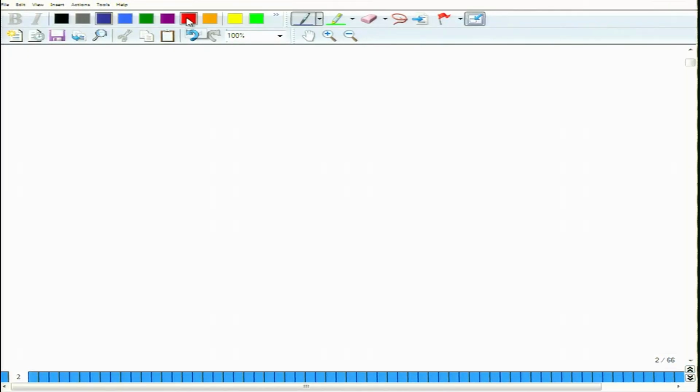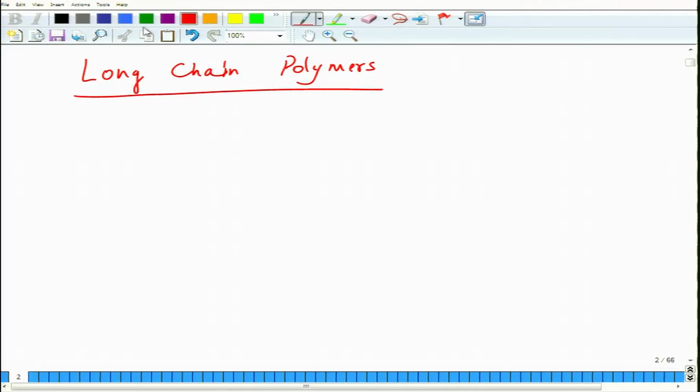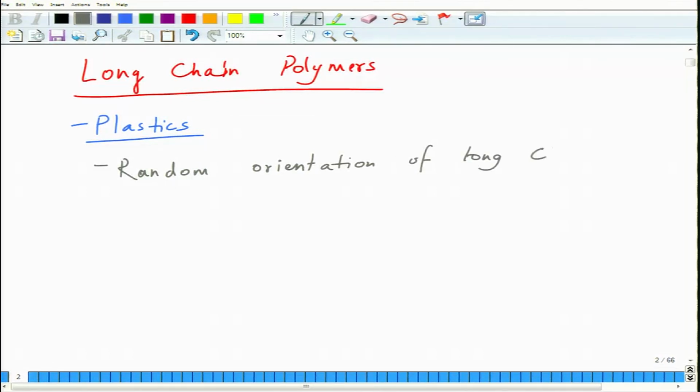So, if I now first start with long chain polymers, there are three categories of long chain polymers that we typically go ahead with. First is called plastics. The plastics typically have a random orientation of long chain molecules.